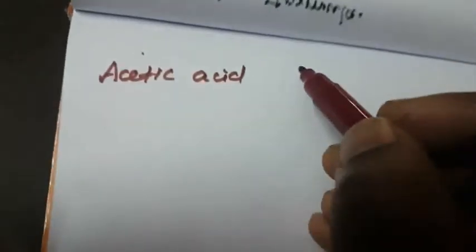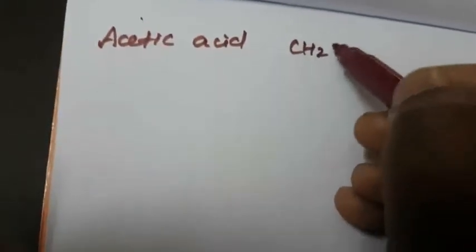In your book one tabular column is given, so first we are going to see the first one. What is the given compound? The compound name is acetic acid. The empirical formula is CH2O.